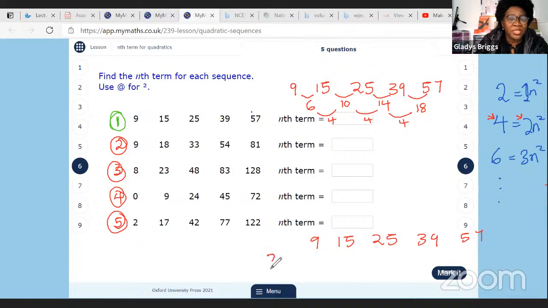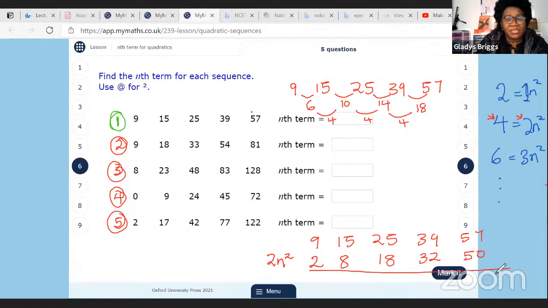We want to compare it to 2n squared. 1 squared is 1 times 2 is 2. 2 squared is 4 times 2 is 8. 3 squared is 9 times 2 is 18. 4 squared is 16 times 2 is 32. 5 squared is 25 times 2 is 50.